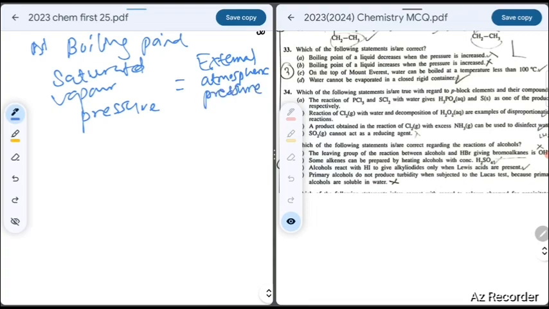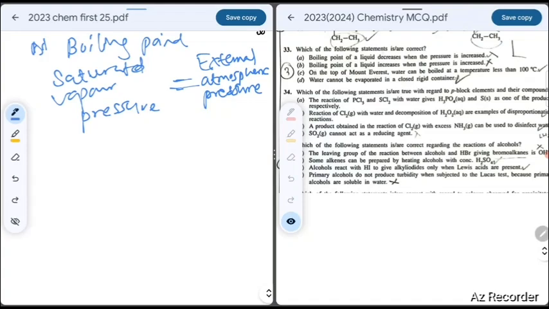Until the saturated vapor pressure becomes equal to the external atmospheric pressure, the vapor pressure increases as we supply temperature, and the temperature at which the saturated vapor pressure and the external atmospheric pressure are equal is the boiling point.